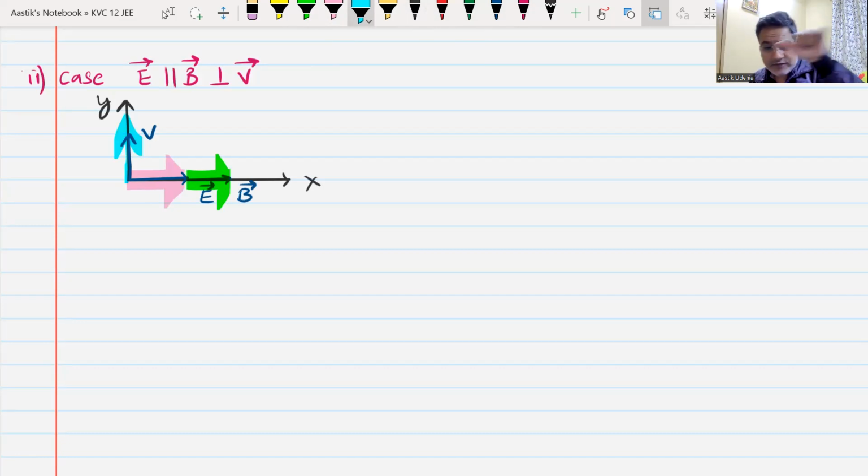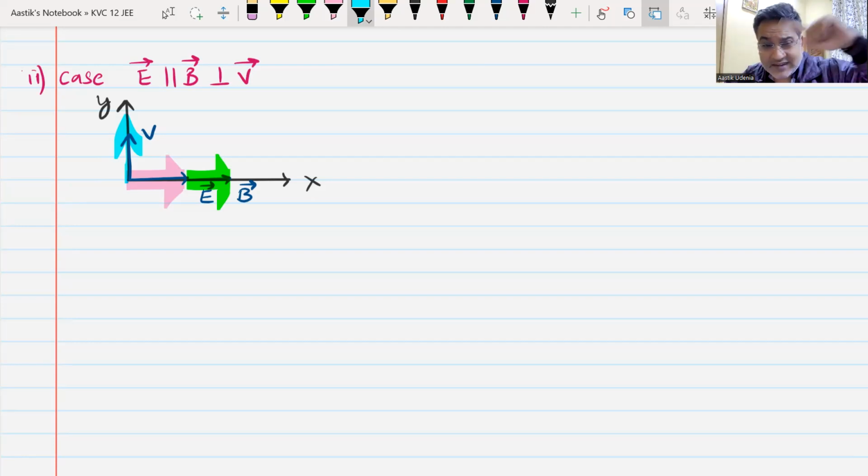Because of the electric field, it will have an acceleration along the x-axis, yes or no? Yes, sir. Because of the magnetic field and the velocity at an angle of 90 degrees, it will move in a circle. It will move in a circle, but it will also move forward. But when it is moving forward, it is accelerating.